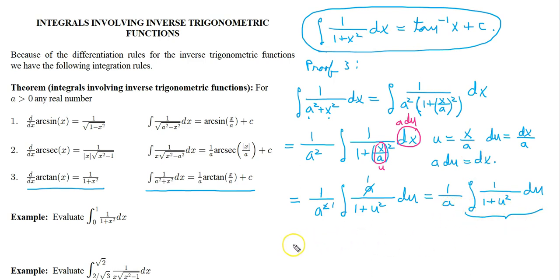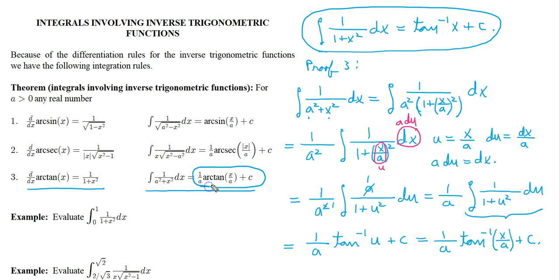So this entire term here will then become, and then putting x over a back in place of the u, we get, and that's exactly what we wanted to prove right here. So we obtained this part right here now. Once again, notice that this is just the alternate notation for the arctangent. So this is the same as this, and there we go. Now let's take a look at a few examples.